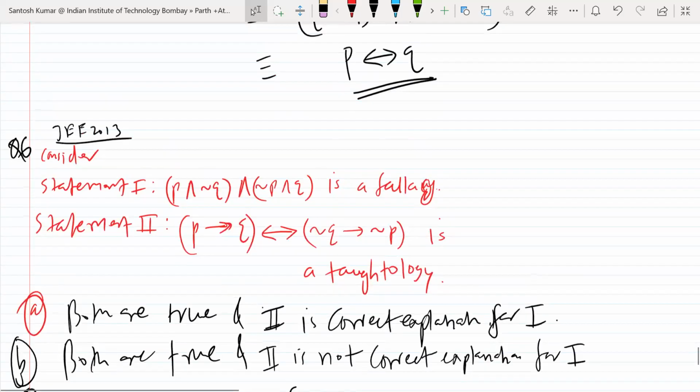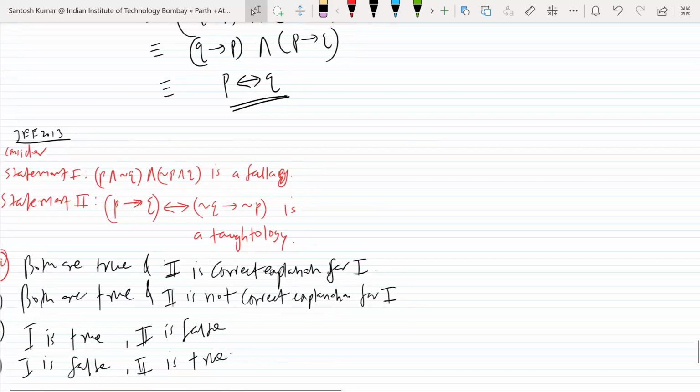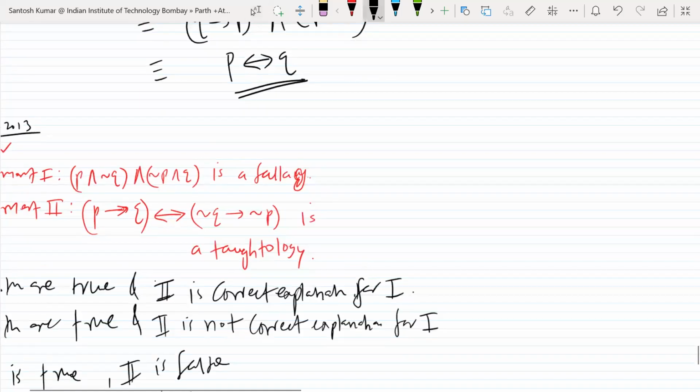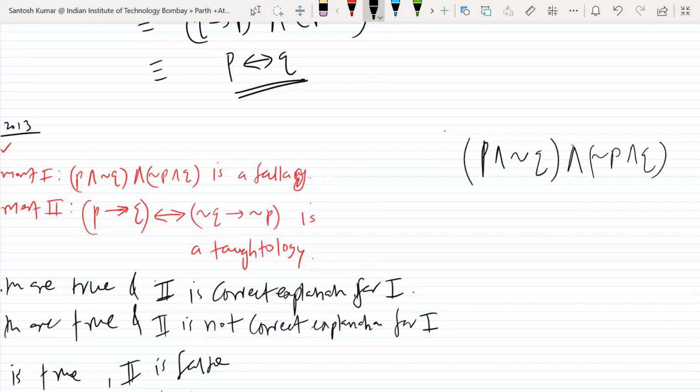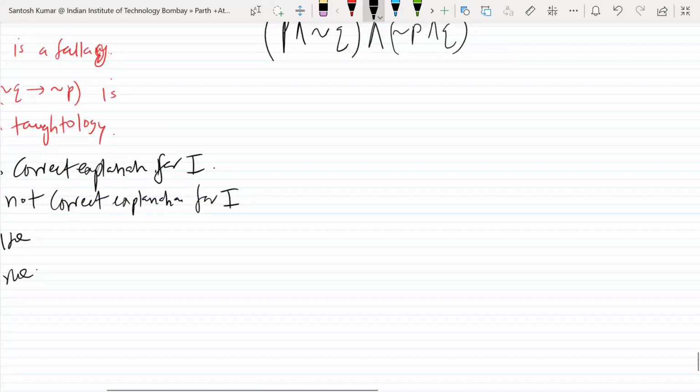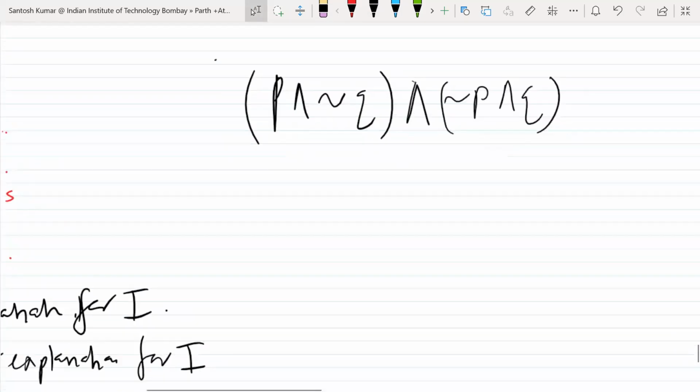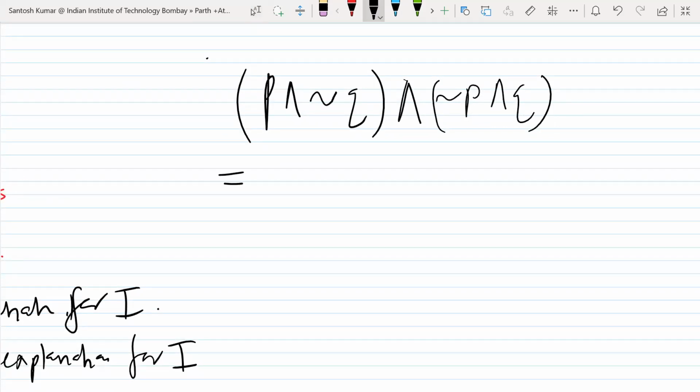So the first statement, how can you solve it? You can write this is a falsity. You can do it using a truth table also, and we can try directly also. P and not Q, and not P and Q. So check. Apply distributive law and see what happens.